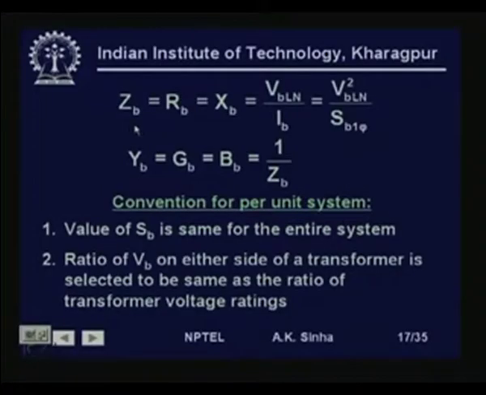The impedance base value Z base, Z_B, is equal to R_B, the resistance base, or the reactance base. All of them will have the same base value, and this is equal to V base line to neutral by I base. This can also be written as V base line to neutral squared divided by S base single phase.